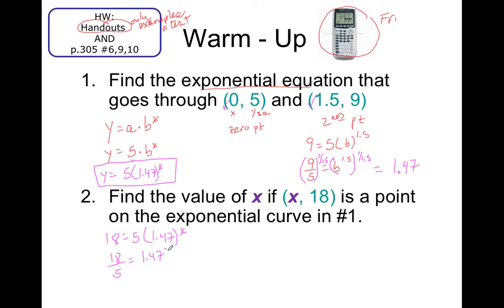Now, unlike number 1, when I was solving for the base, I'm not solving for the base this time. I'm solving for an exponent. So remember, who gets exponents down out of log land?